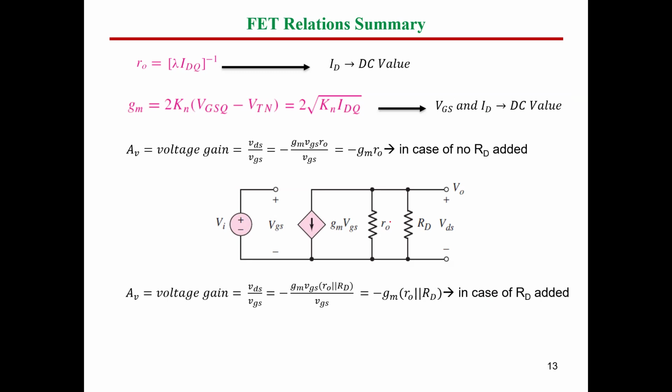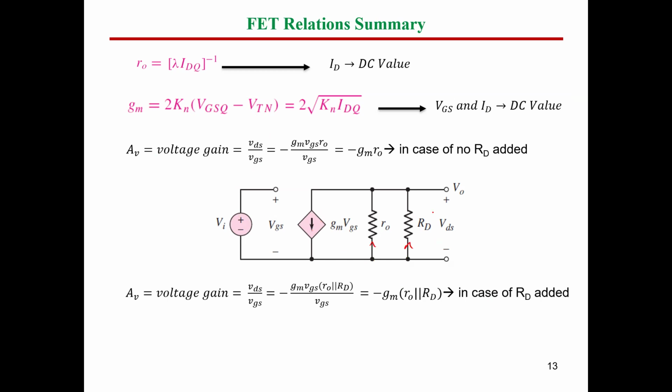So I can say the voltage gain equals V output divided by V input. So it's VDS divided by VGS, and take care, these are the AC values. This is current, and this current is going to flow here and will be distributed between these two resistors.